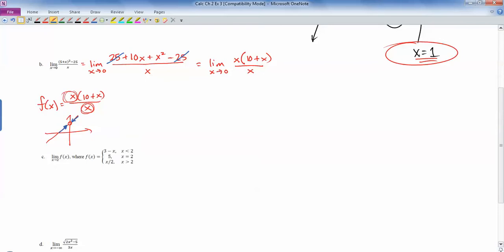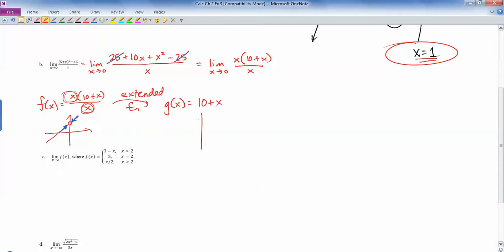And if you remember back in chapter 2, way back in the first semester, the way that we could figure out where that hole is was by coming up with the extended function. And so that's not f, so I'm going to call it g, where we actually cancel out those x's, and so that's just 10 plus x.